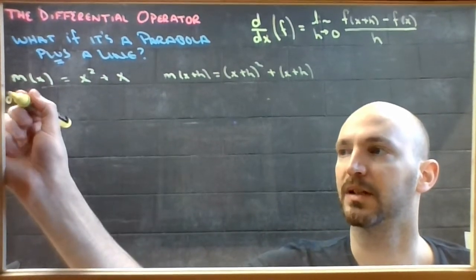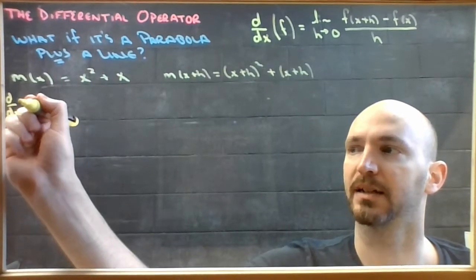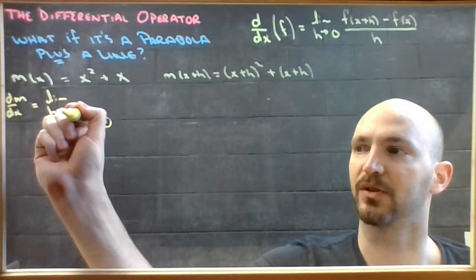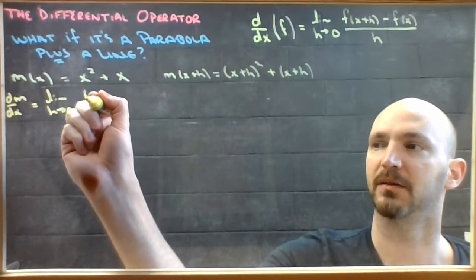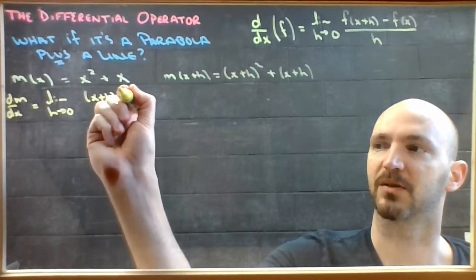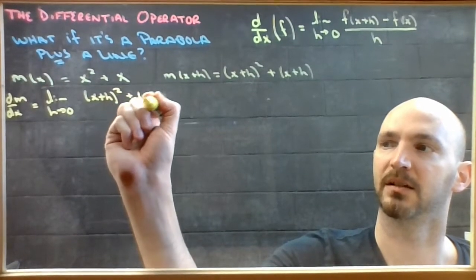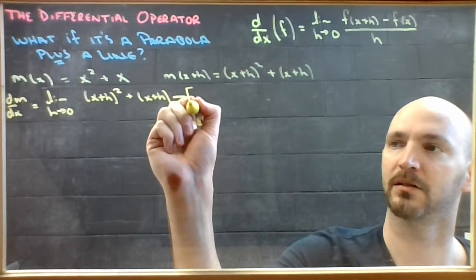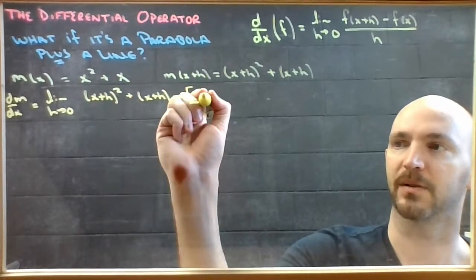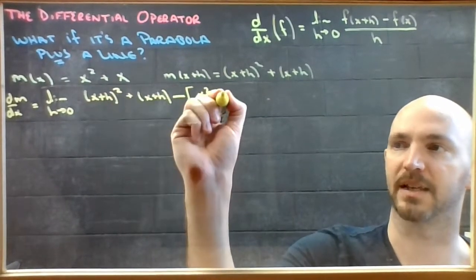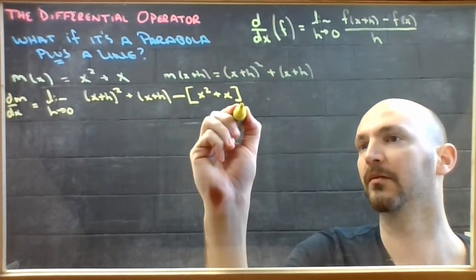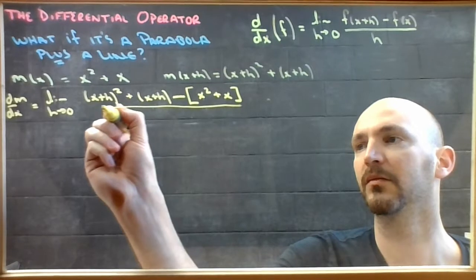So the differential operator acting on m would be the limit as h goes to 0 of x plus h squared plus x plus h minus x squared plus x, all over h.